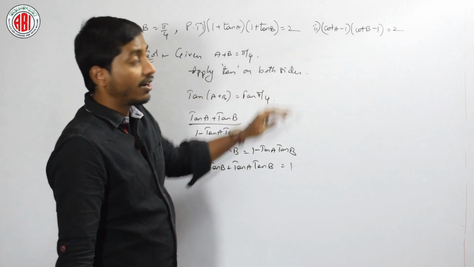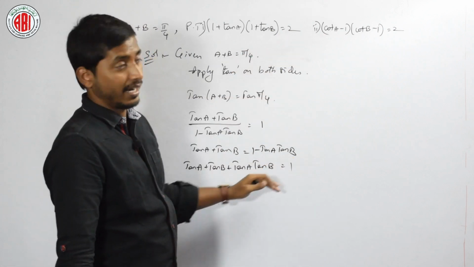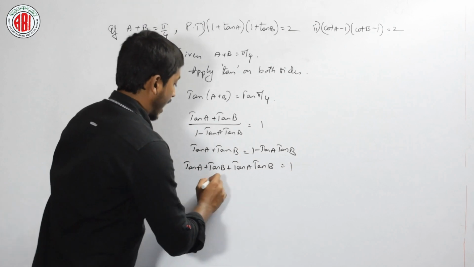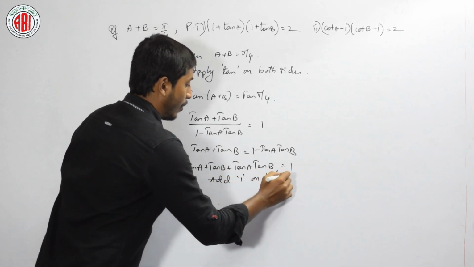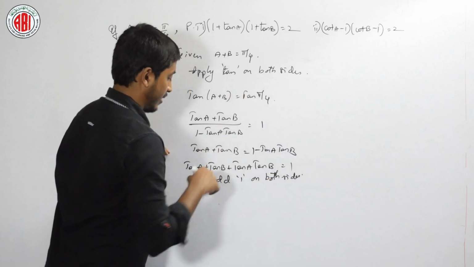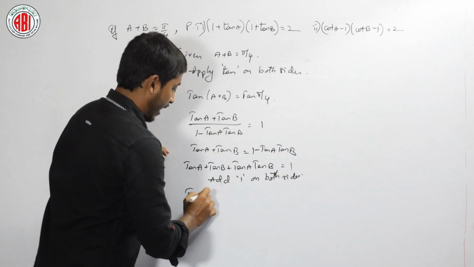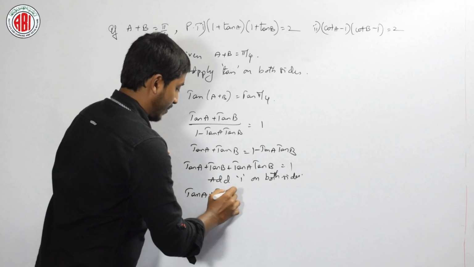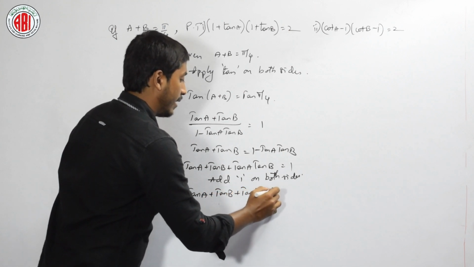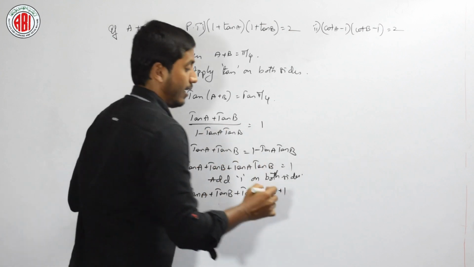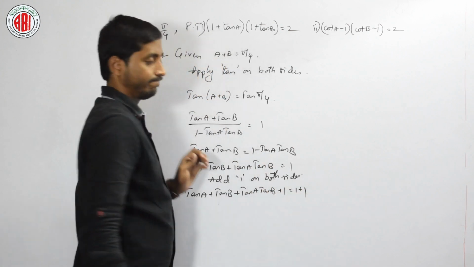Now let us add 1 on both sides. It will become tan a plus tan b plus tan a tan b plus 1 is equal to 1 plus 1.